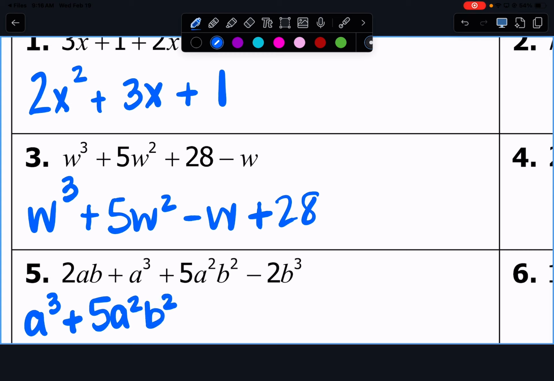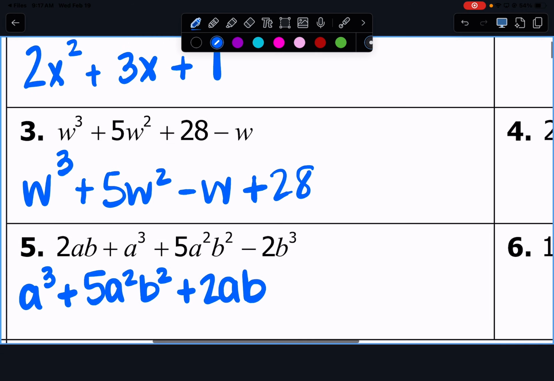What is the next term for A? 2A. Plus 2AB. And then we're going to put negative 2b to the third. So since A is alphabetically first, that is the one we do our exponents from biggest to smallest in.